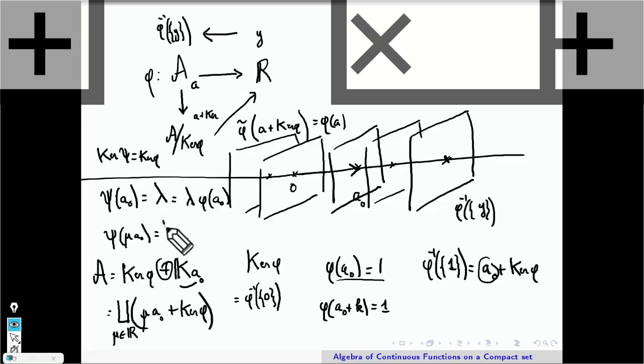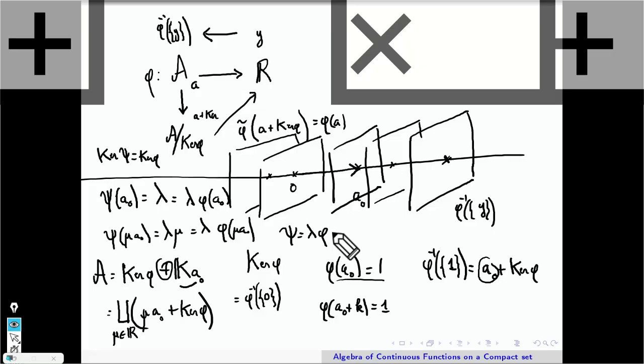So this will give mu lambda 1. So it is lambda of phi of mu a0. I just want to say that psi, as a function, is equal to lambda phi.